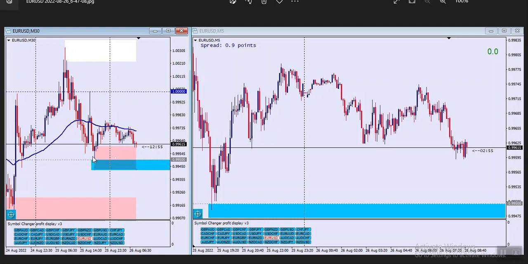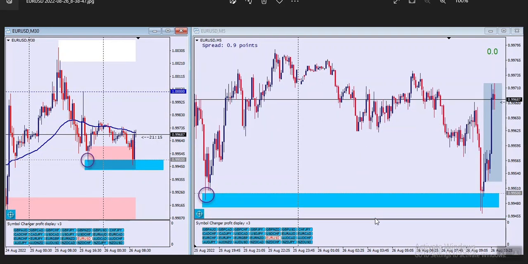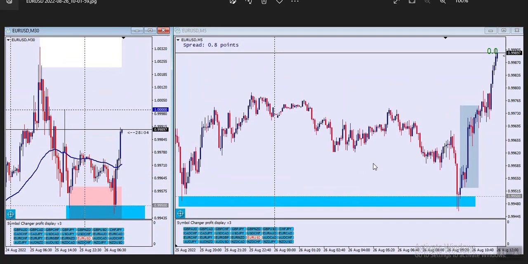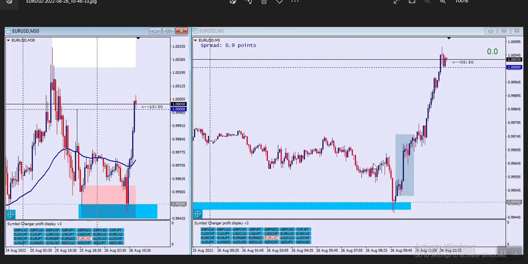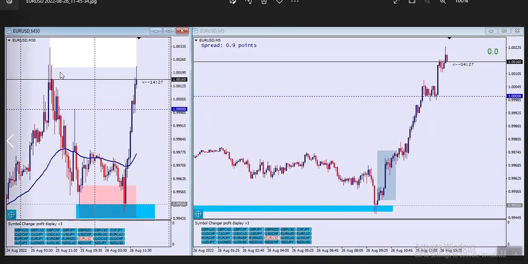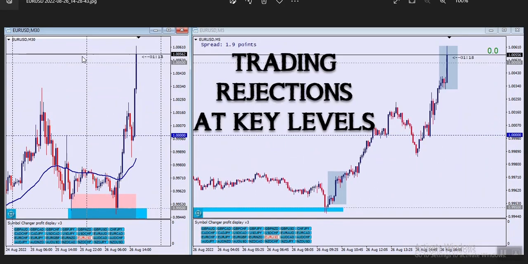Rejection at the key level, price traded away, and my expectation was price will come back to the key level for a buy, and this is what happened. Forcefully got into the key level and traded off immediately, and it continued moving up until it got to my expected TP target, although it exceeded that point, right?